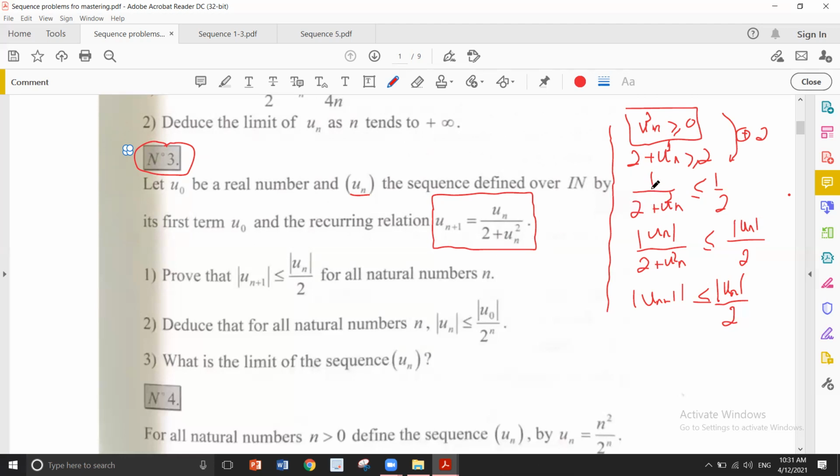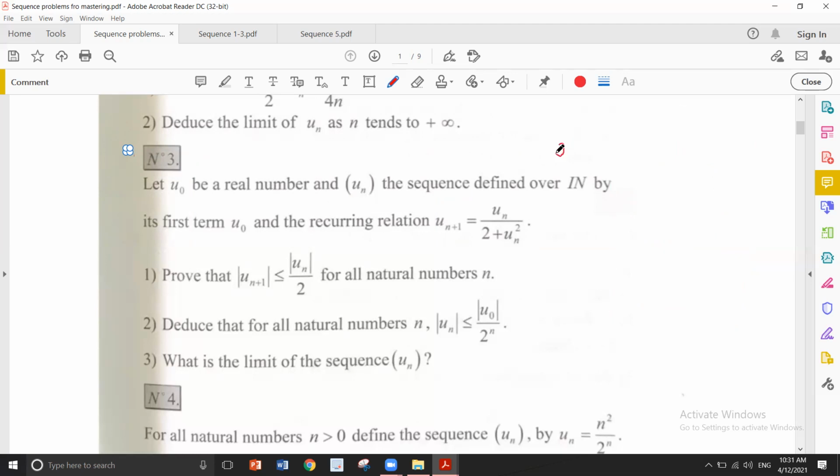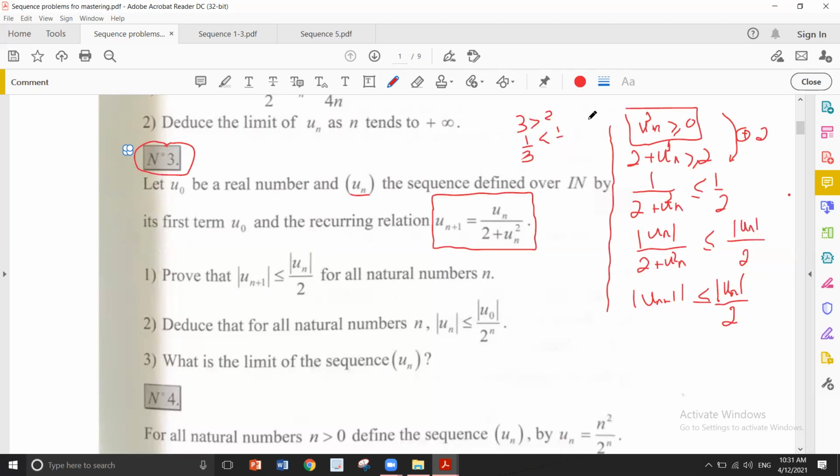بعمل reciprocal. يعني 1 over 2 plus U squared N is less than, I change the direction, 1 over 2. يعني if 3 is greater than 2, 1 over 3 is less than 1 over 2. Here I make the reciprocal.